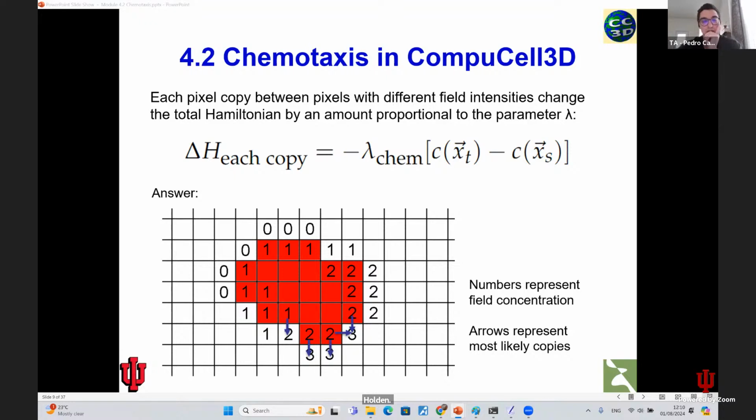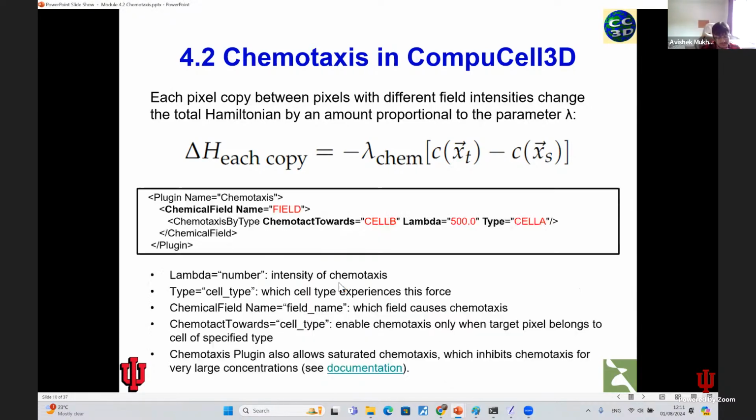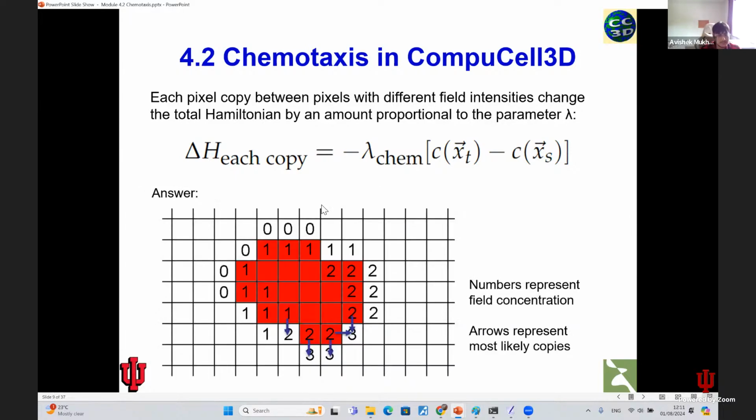Avishek. Yeah, so we can discuss this later or right now. I was wondering why certain blocks inside of the cell do not have any numbers assigned to them. So this correlates with your previous question. I don't care about the concentration values inside the cell because those pixels will not make copies anyways.